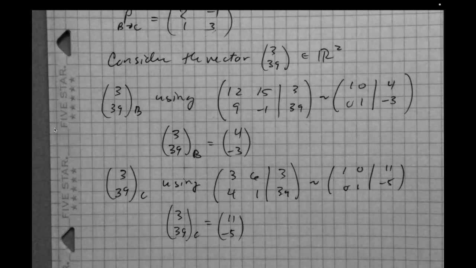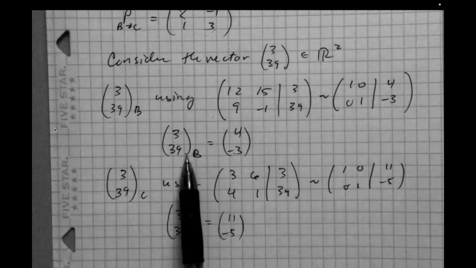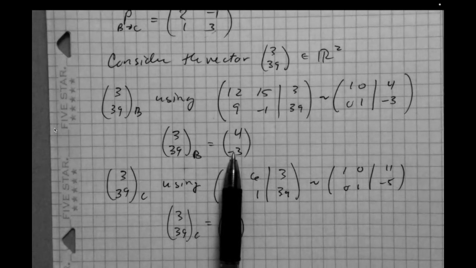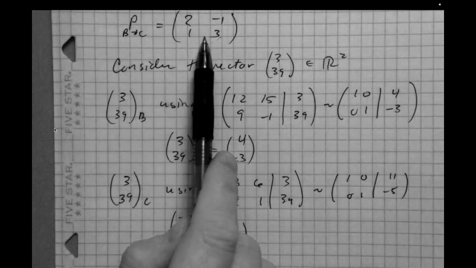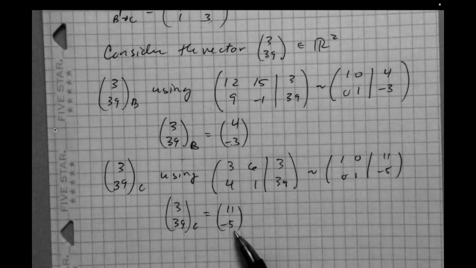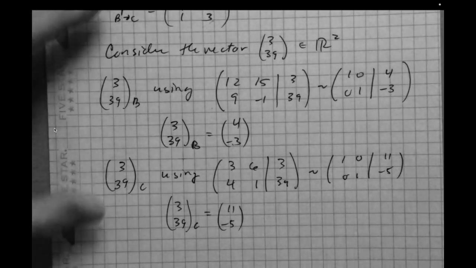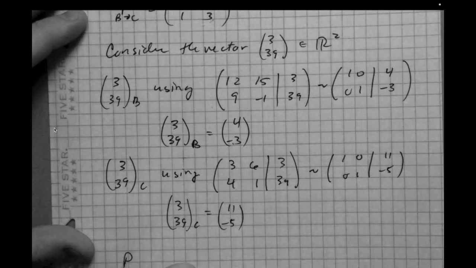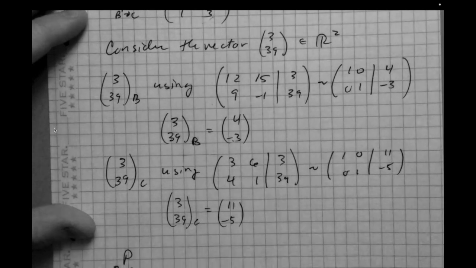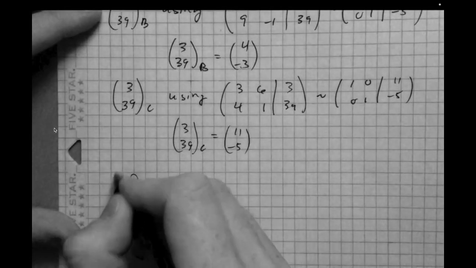Now, what the previous theorem said is that if I've got a coordinatization in B, I can multiply it by the transition matrix, P from B to C, and the product should be the coordinatization in C. Okay, so let's try that. So I'm going to start with P from B to C. So what's the plan?